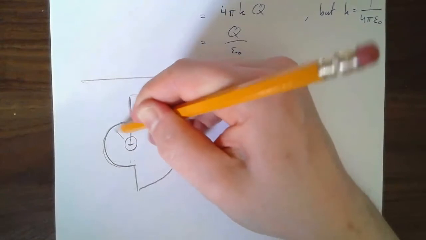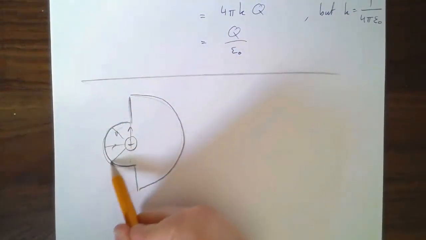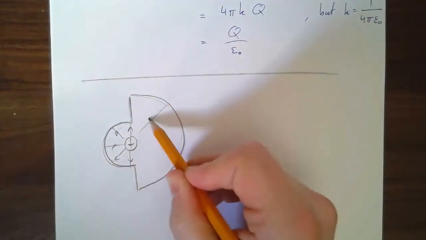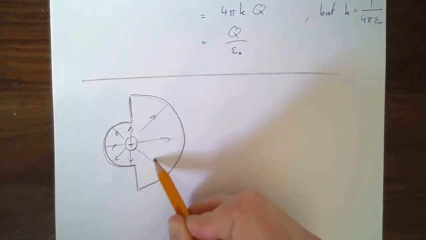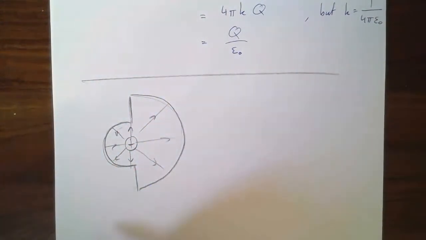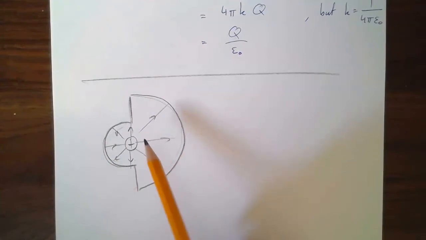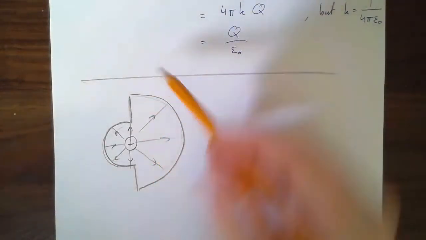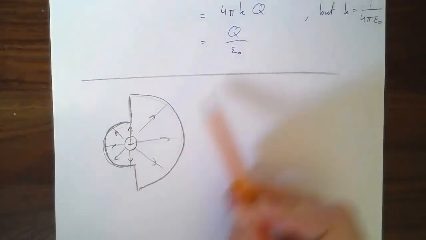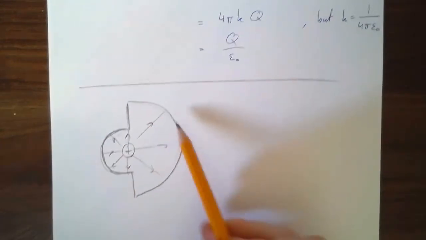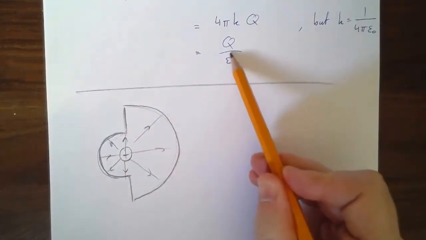If I draw field lines, they look something like this. Again, the number of field lines passing through the surface in total is the same as before. The flux through this is half of that, because it's half the sphere. The flux through this is half of that too, because it's half the sphere.